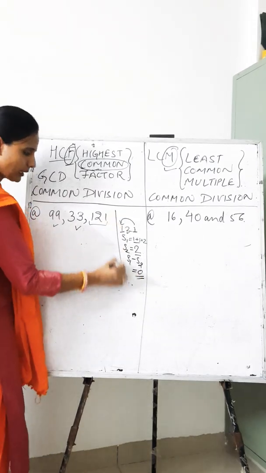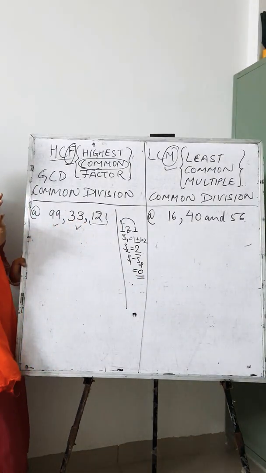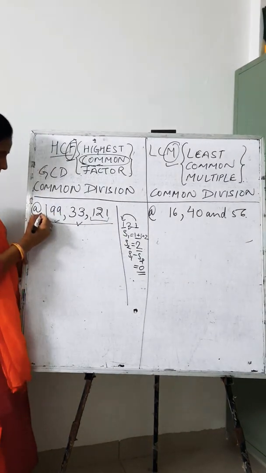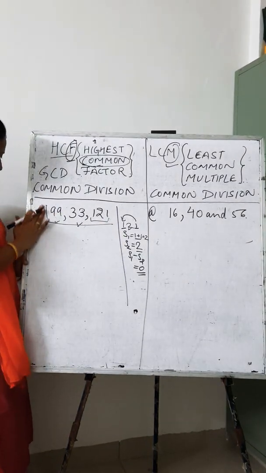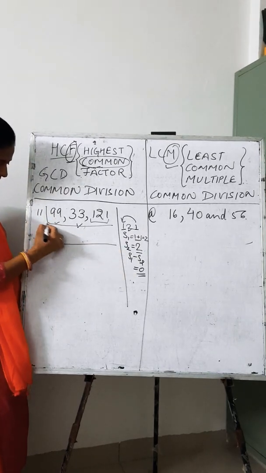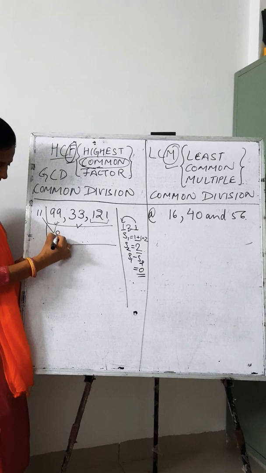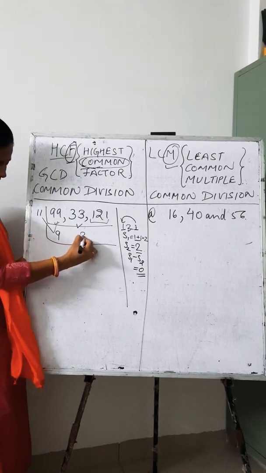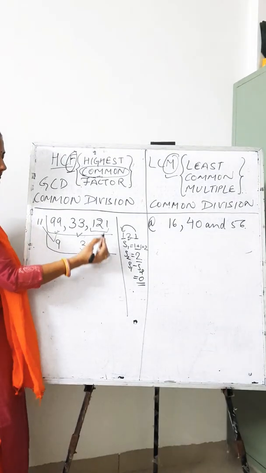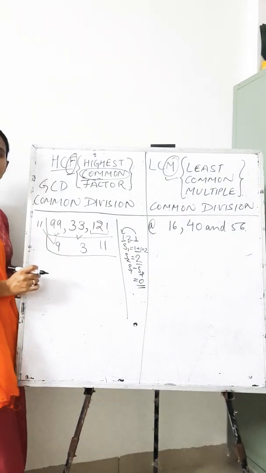So yes, I come to know that this number is divisible by 11. So I can take 11 here and write down 11 nines are 99, 11 threes are 33, and 11 times 11 is 121.